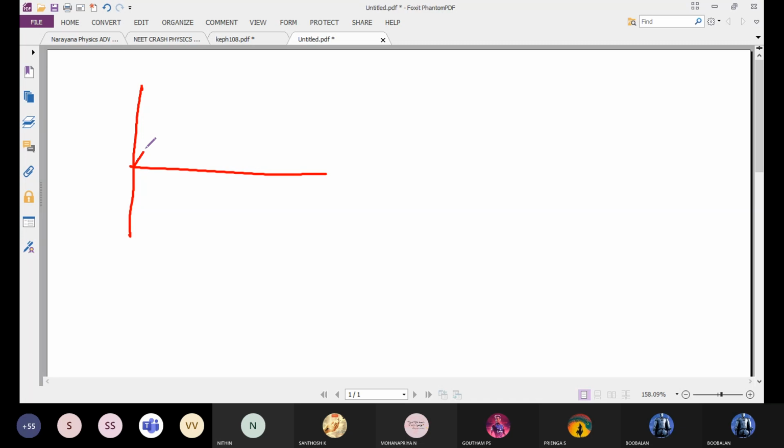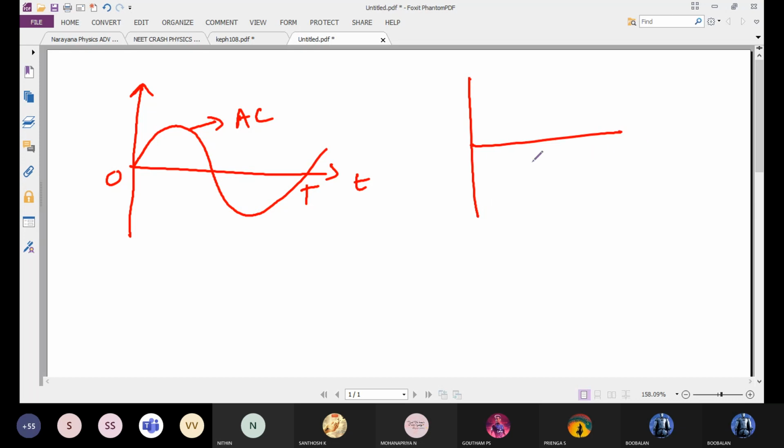Okay, everyone please note it. This is the symbol of alternating current, with time on the x-axis. And direct current means, this is time 0 on the y-axis. There is only one value: no magnitude change and no direction change, it is similar throughout.